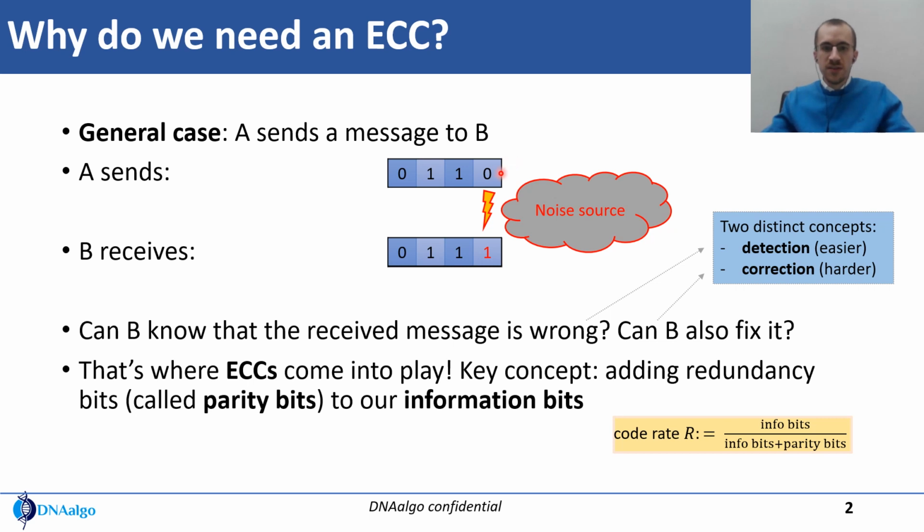These bits are called redundancy bits or parity bits, and are used to define a very important quantity in this field, which is called code rate, computed as the ratio between the information bits and the total number of bits we have transmitted.